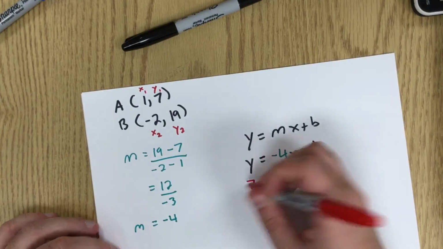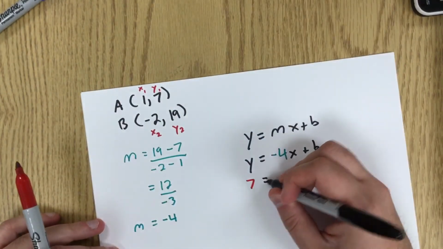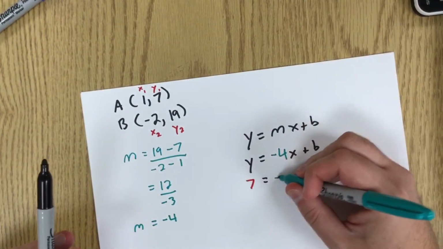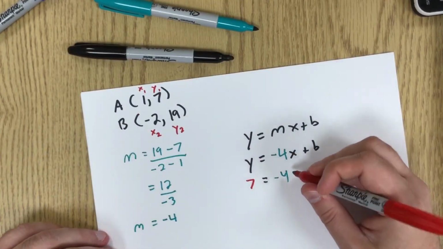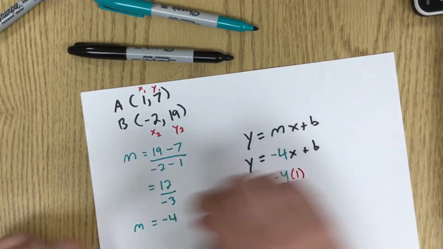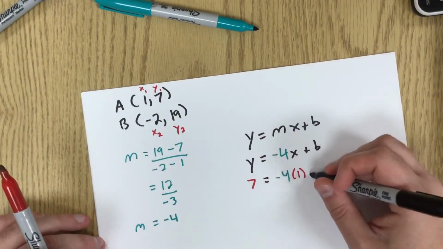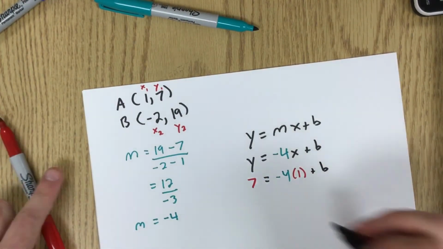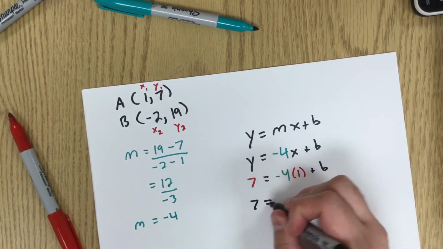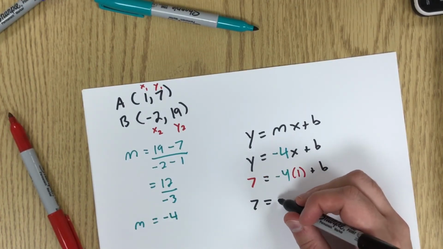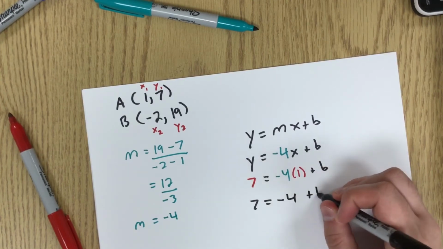Again, slightly prettier numbers. Minus 4, and the x is 1 plus b. So what we have is 7 equals negative 4 plus b.